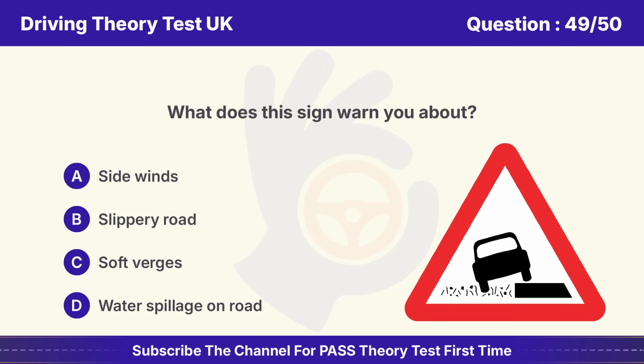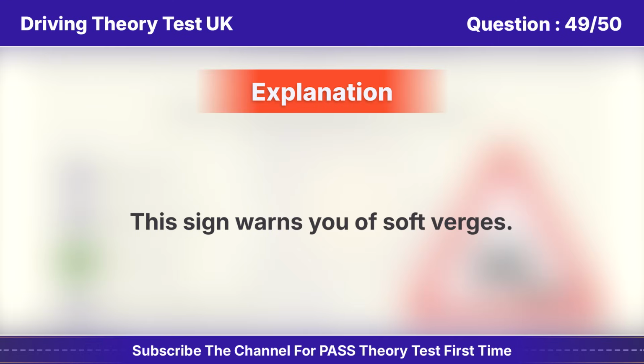Question 49. What does this sign warn you about? Answer is C. Soft verges. This sign warns you of soft verges.